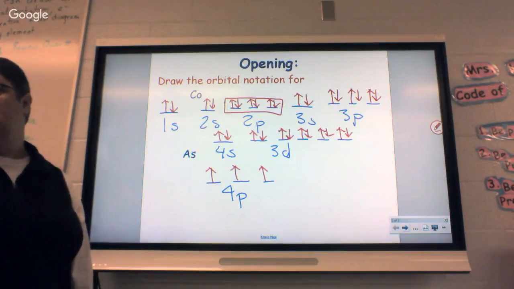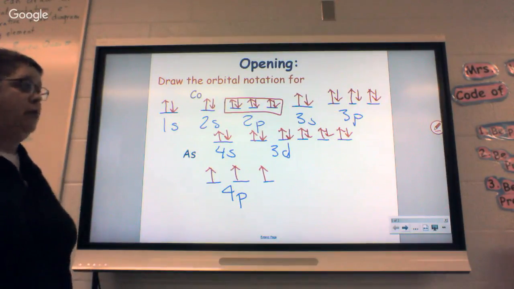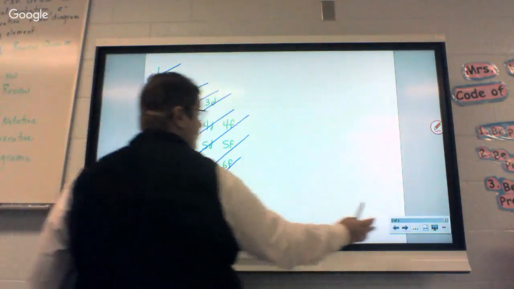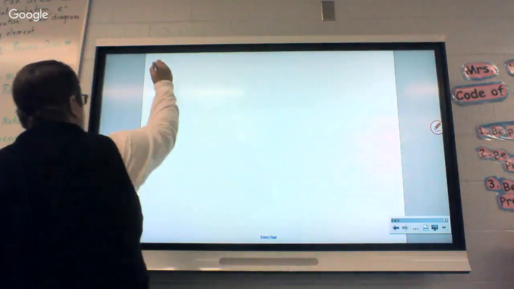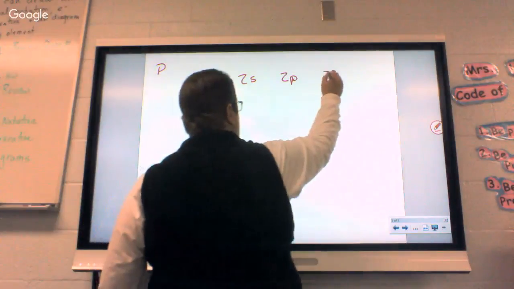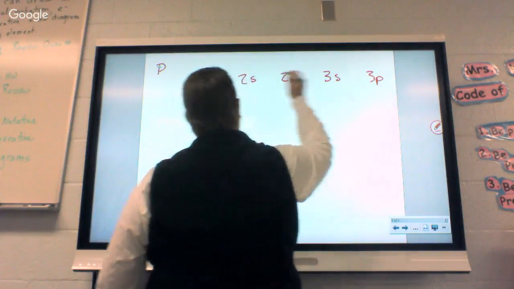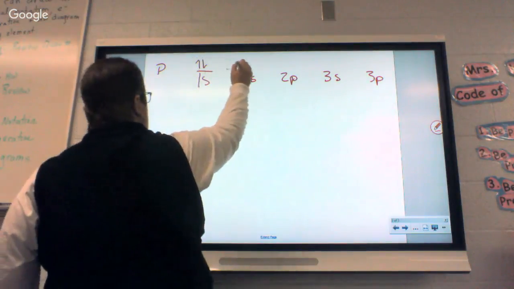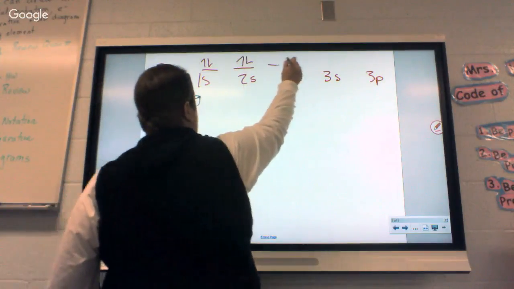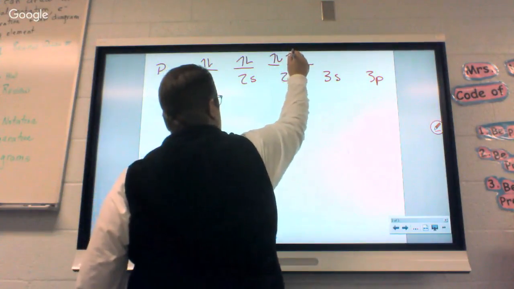Question. All right, homework. What 3 did I give you? I remember phosphorus. All right, so phosphorus would be 1s, 2s, 2p, 3s, and 3p. I'm drawing half arrows for these because I'm lucky.